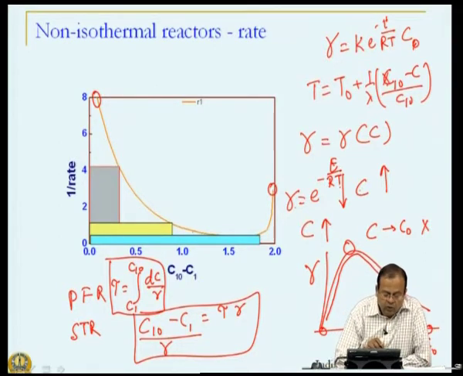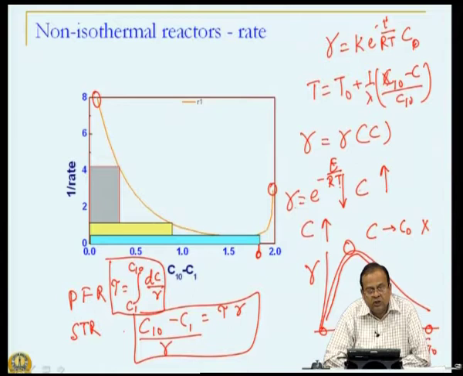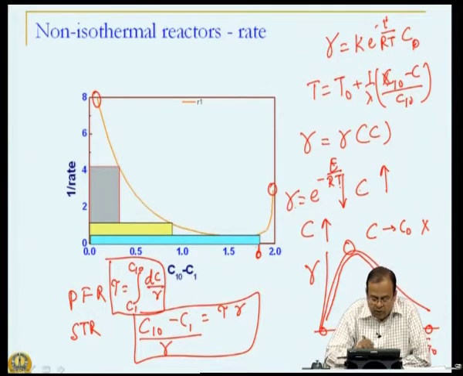So, for example, my C1 is a small value, somewhere over here, the blue rectangular area is the conversion that we will get, or that is the residence time that is required to achieve that conversion.